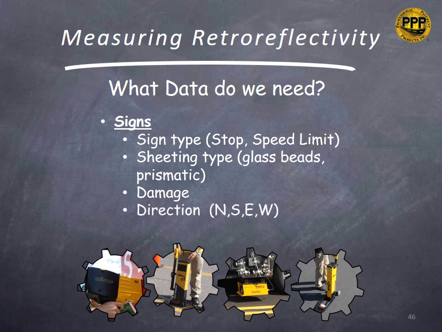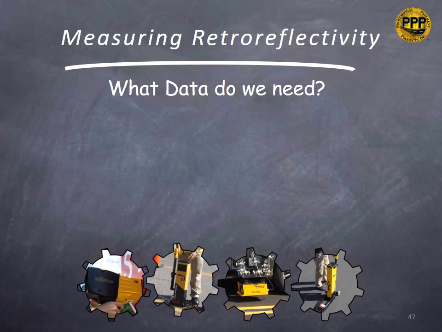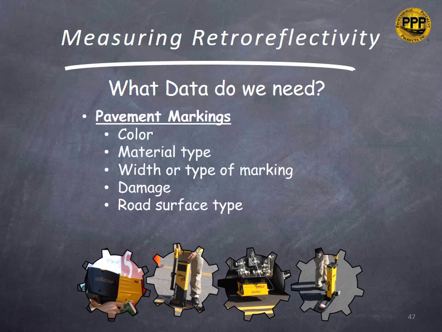And which direction the sign is facing, as this often affects its durability. For pavement markings, the data should provide information on the color, the material type, the width or type of marking, if there's any damage, and the road surface type.